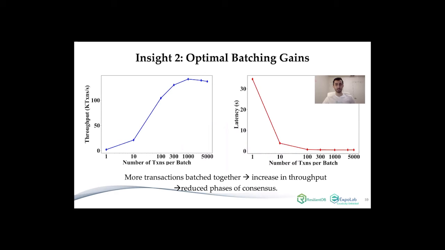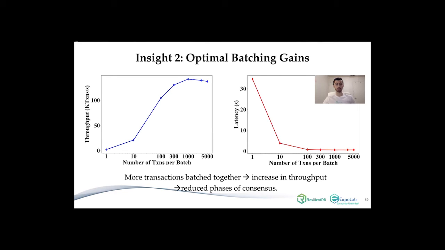As you can see in these two figures, the left one is the throughput and the right one is the latency. With a different number of transactions per batch, the throughput is increasing up to one optimal point, and after that the throughput starts decreasing. So we found out that 1000 transactions per batch is the optimal batch size, and it shows that batching will help the throughput.